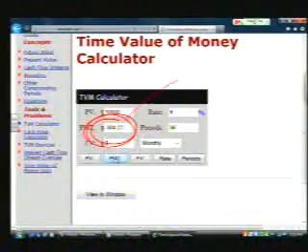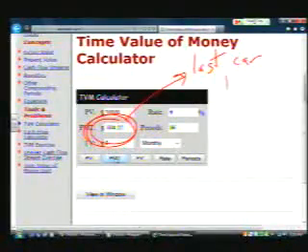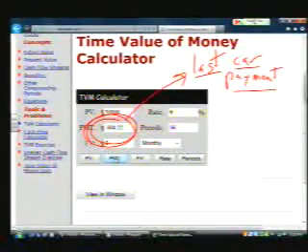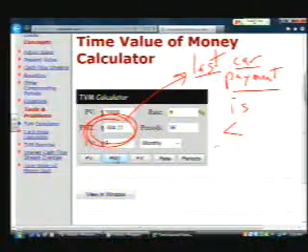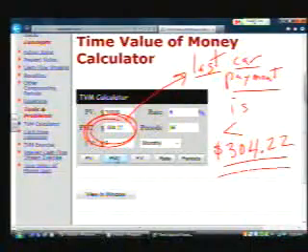Did you know that your last car payment is less than $304.22? Now, how many banks will calculate that for you if you don't ask them?